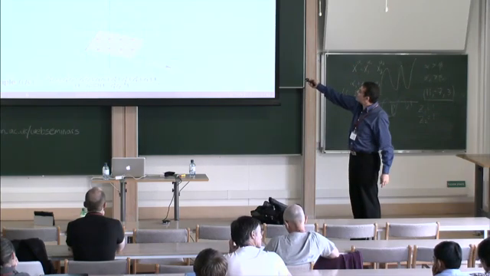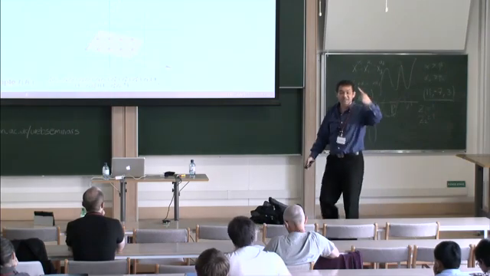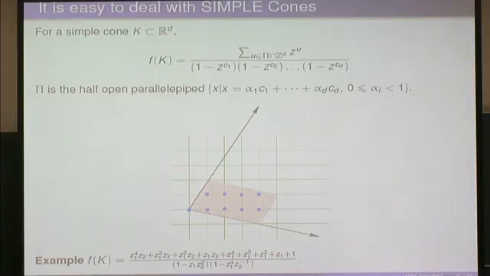Let's call those C1, C2, ..., CD. These are the ray directions. In the denominator, I'm going to have 1 minus z to the C1, 1 minus z to the C2, where these are the ray directions.